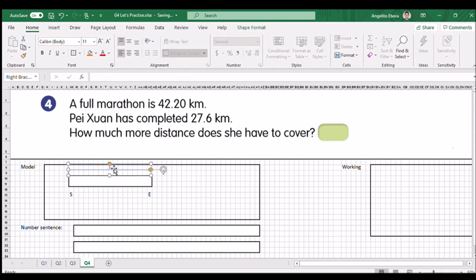Our space is not enough here, so instead of writing the 42.20 here, I just put it inside. It's better to put it down.